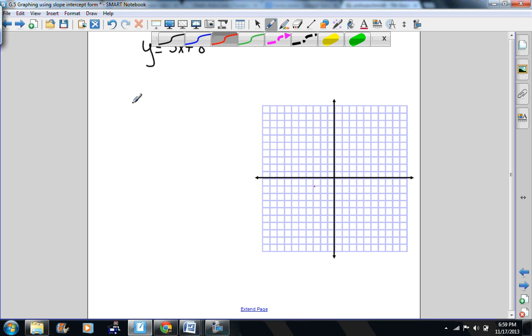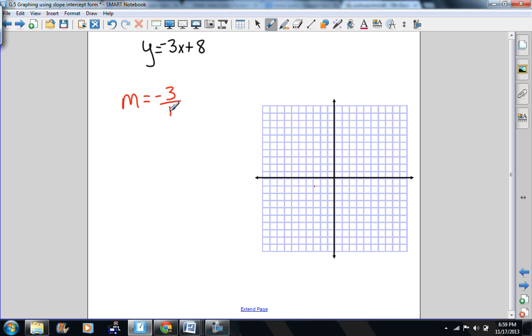So for this one, my m is -3, and I can turn that into a fraction, -3/1. And my b is +8 or 0, 8. I graph the b first. So right there. And I go rise over run.